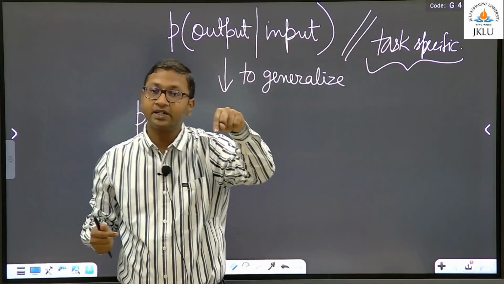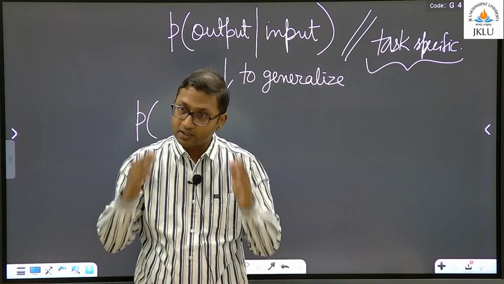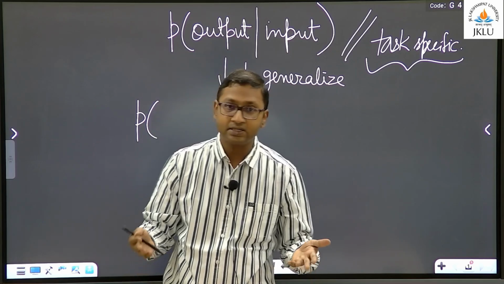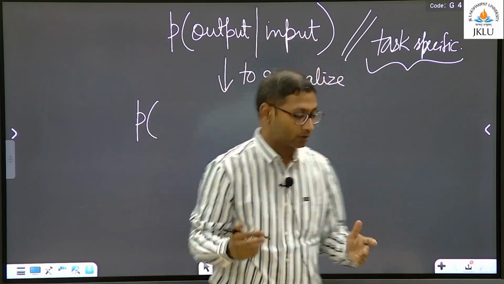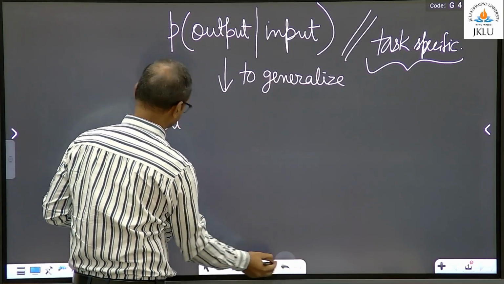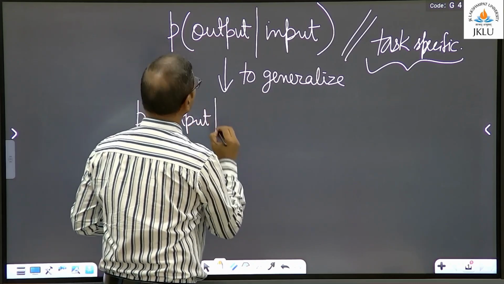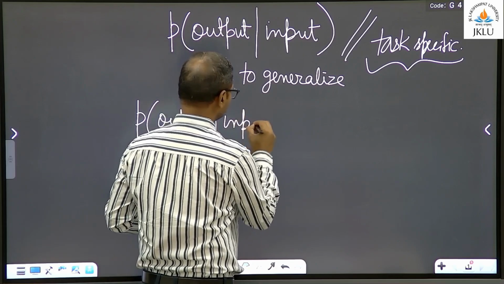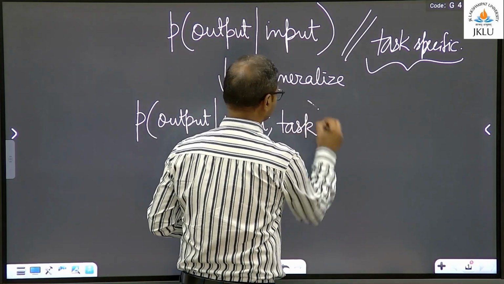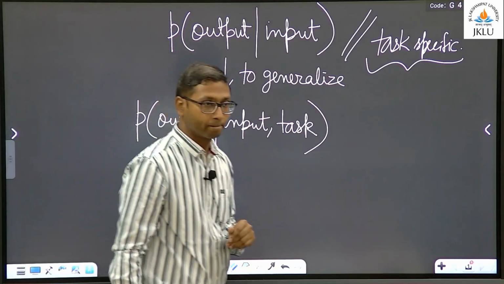And who captures the task? My model. This is my model that does summarization, this is my another model that does translation, this is my another model that does NER, and so on. What they want to say is it should be this way: compute output given input and task, right?